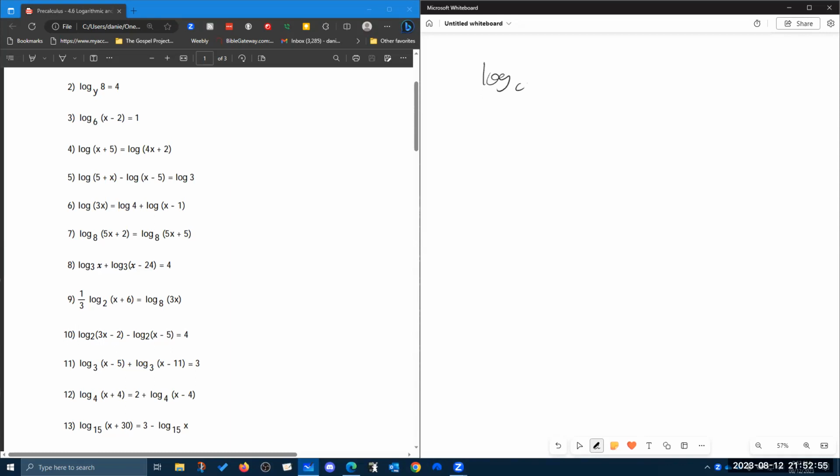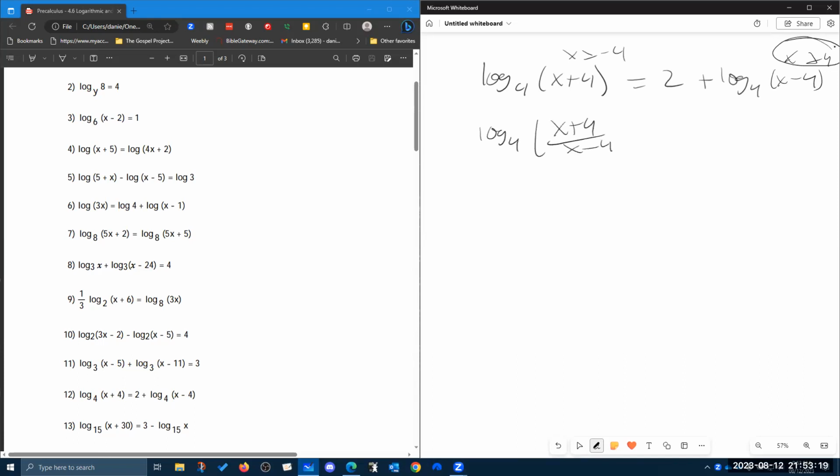Log base 4 of x plus 4 equals 2 plus log base 4 of x minus 4. X greater than negative 4, x greater than 4, x greater than 4 is my domain. Log base 4 of x plus 4 divided by x minus 4 equals 2.